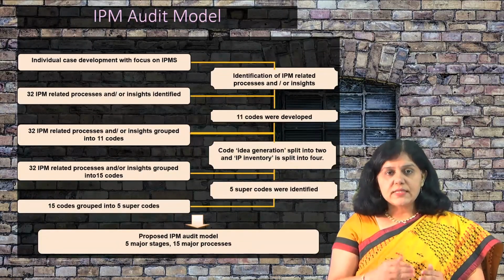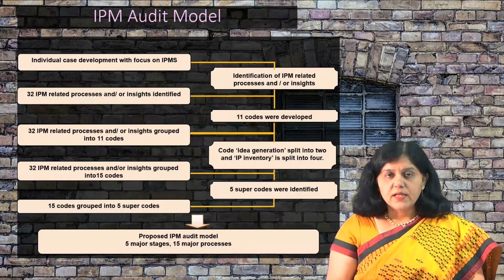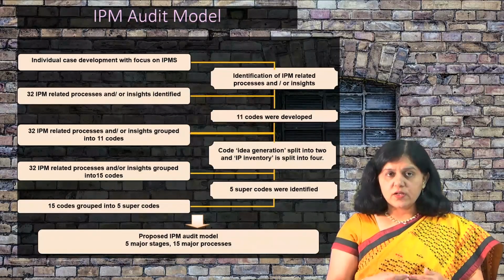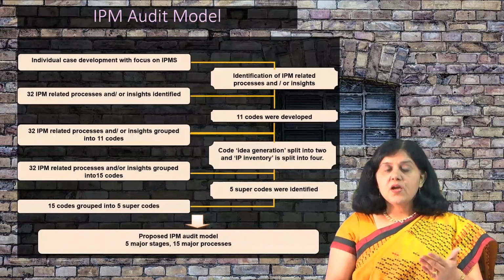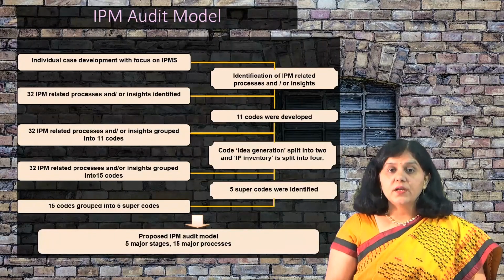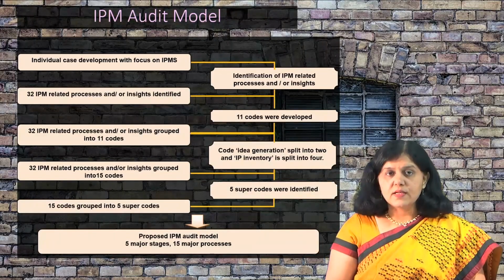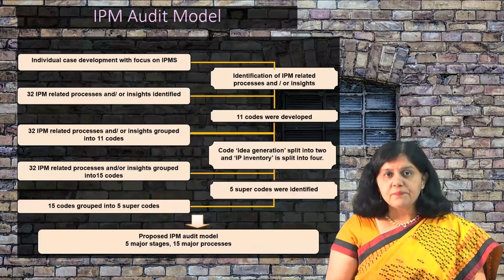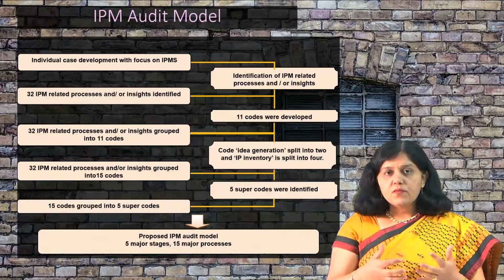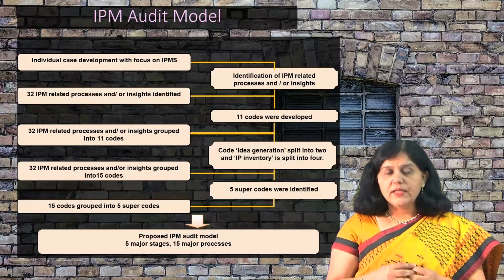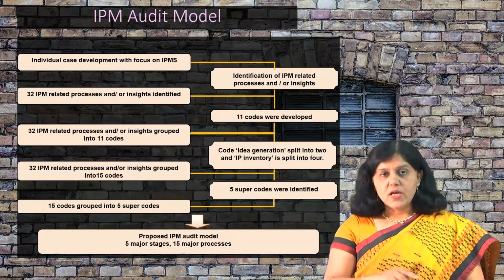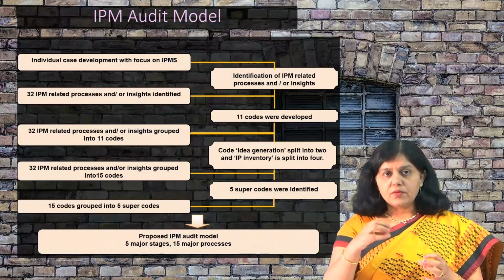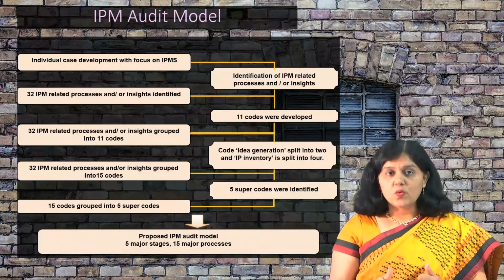Based on that study, we have analyzed each case, that is each organization's IP management system. We identified a total of 32 IPM related processes, or we developed some insights from that total exercise. Then we converted all those 32 IPM related processes into 11 codes.